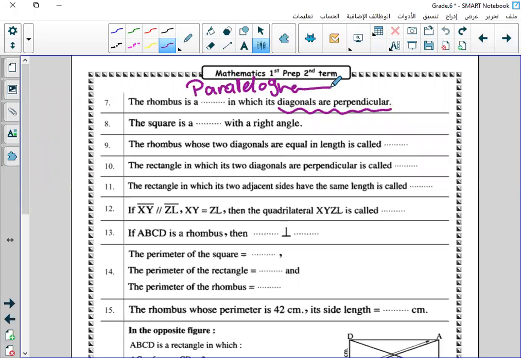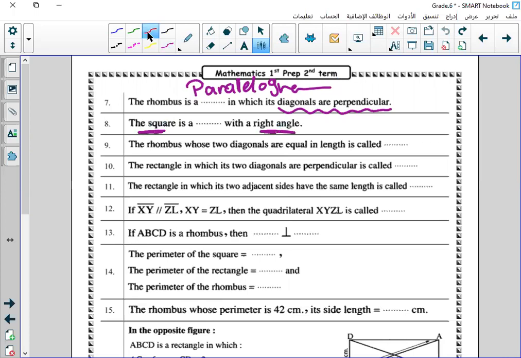Number eight. The square is what with a right angle? This question is very important. The square is what? Parallelogram? No. The square is what with a right angle?